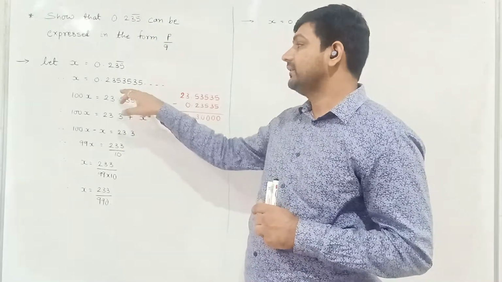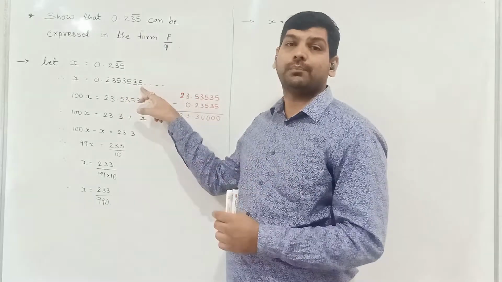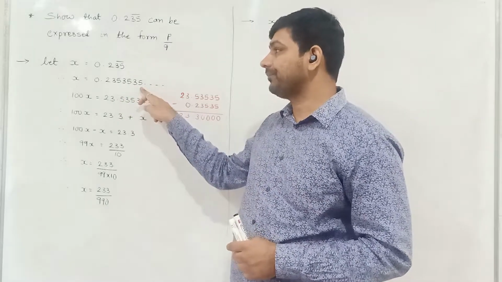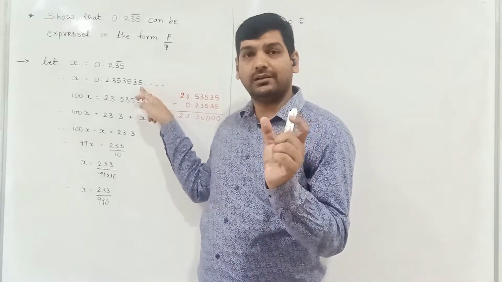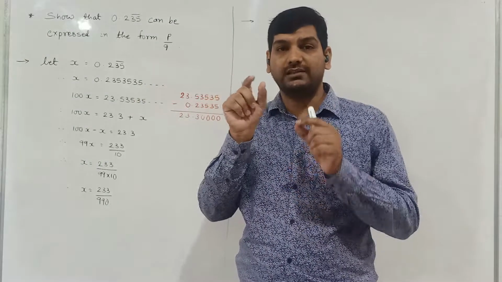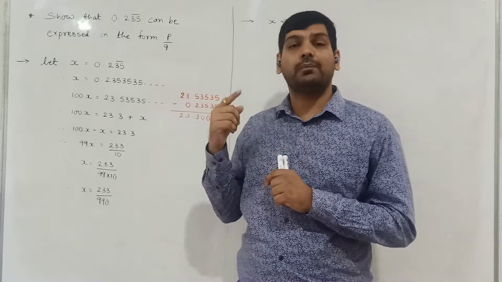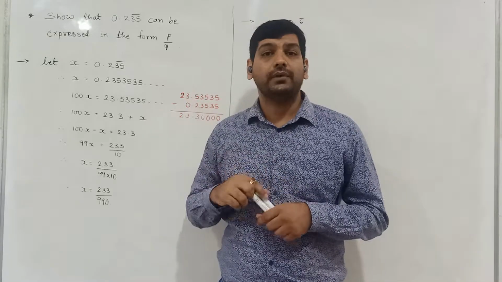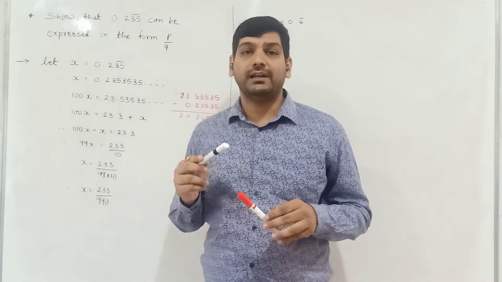That means 353535, that number is repeating again and again. So first of all we check how many numbers the bar line is on top of. If it is one number, then we multiply with 10. If it is on top of two numbers, then we multiply with 100.